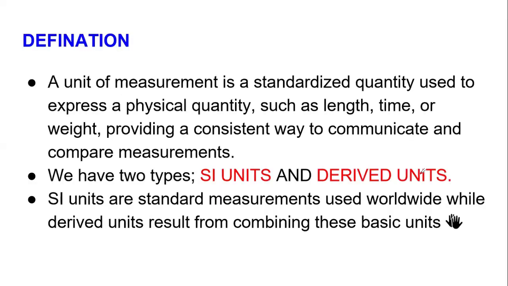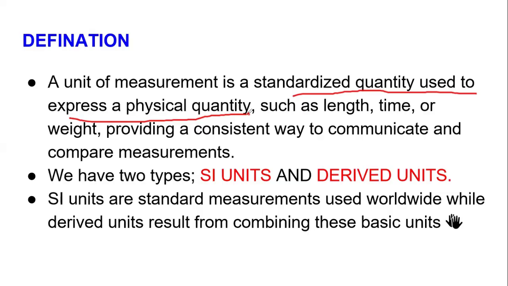A unit of measurement is simply a standardized quantity that is used to express a physical quantity. A physical quantity such as time, length, mass, or concentration. All those are physical quantities, something that you can measure physically. For me to know that this sugar I've bought is 2 kgs, I need a unit of measurement.